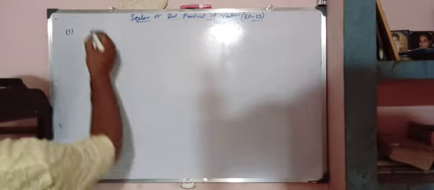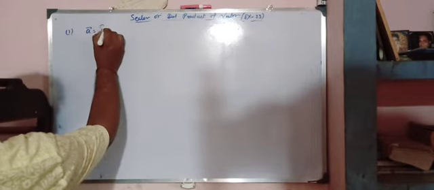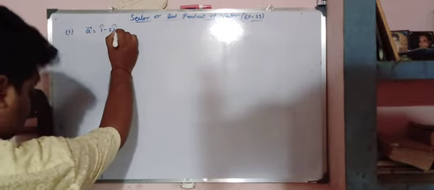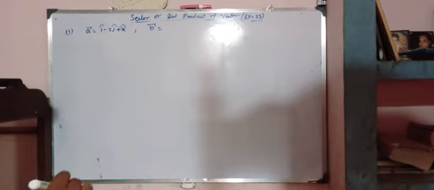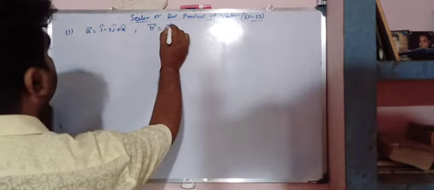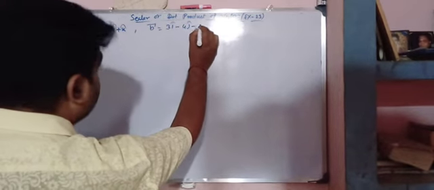One vector is given here, A is equal to I cap minus 2 j cap plus k cap. Another vector B is equal to 3 I cap minus 4 j cap minus 2 k cap.